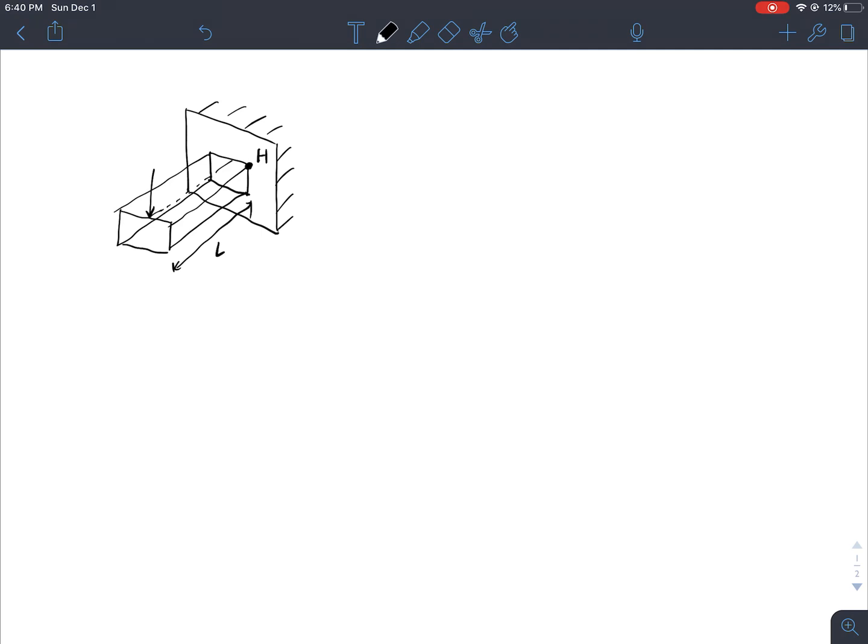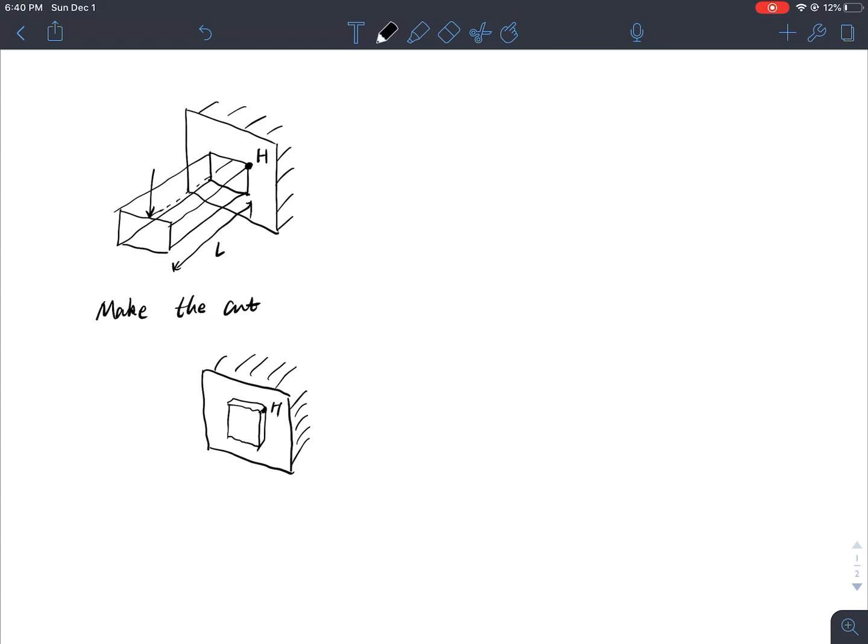To find the stress at the point H, we first have to make a cut. So this is the wall, and I'm exposing myself at the point H here. This is the cut.